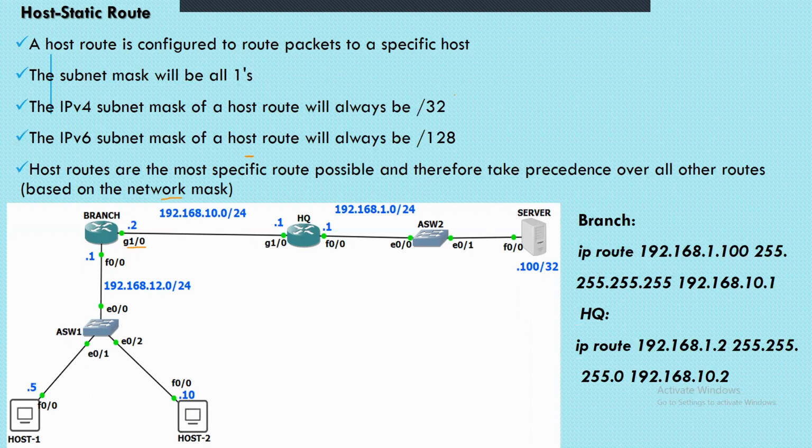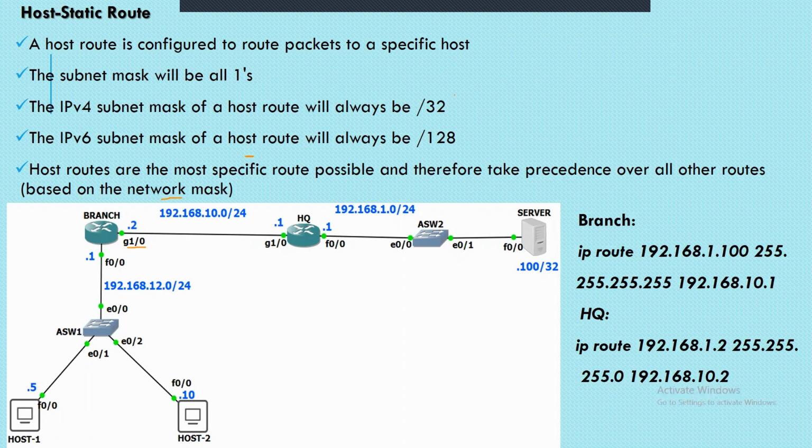It means for a specific host, the subnet mask is normally 255.255.255.255 for class C. The IP version 4 subnet mask for the host route will always be /32, and the IP version 6 subnet mask of a host route will always be /128. The host routes are the most specific routes possible, and therefore take precedence over all other routes based on the network mask.